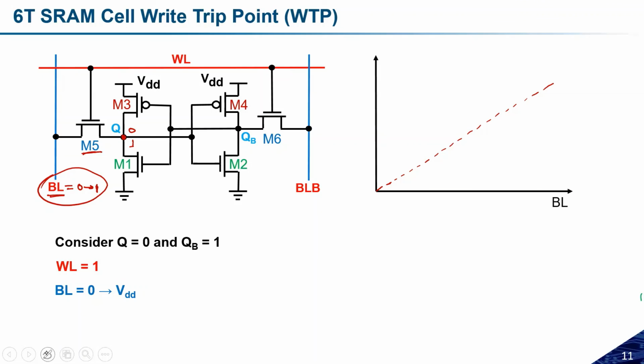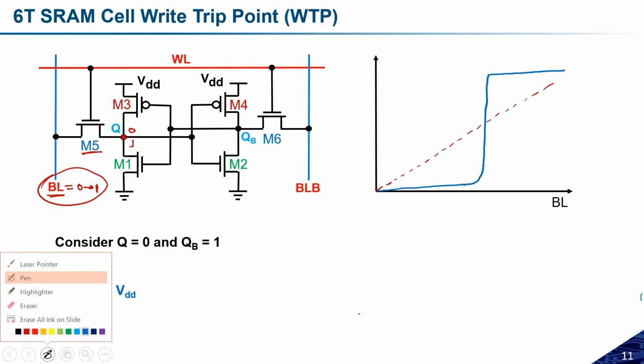Let us see how the behavior will look. Initially Q was logic 0, and it was increasing, something like this, and suddenly once it crosses the trip point voltage, the Q voltage will become something like that, and that will be maintained for the rest of the BL period.